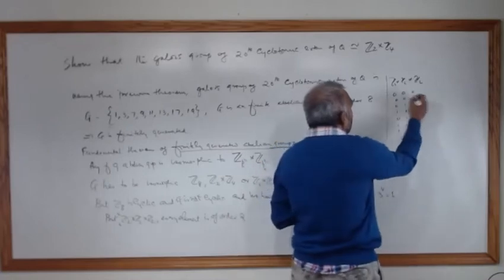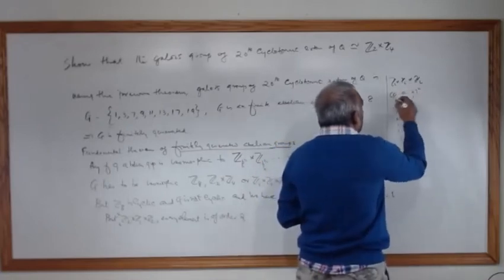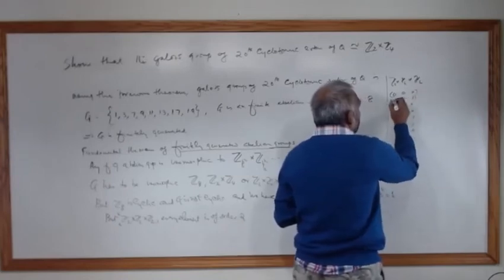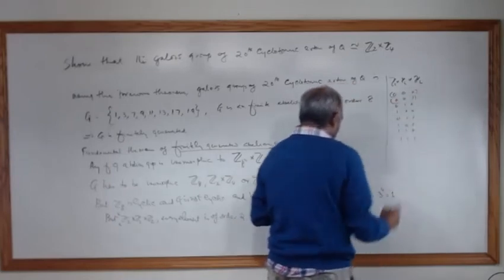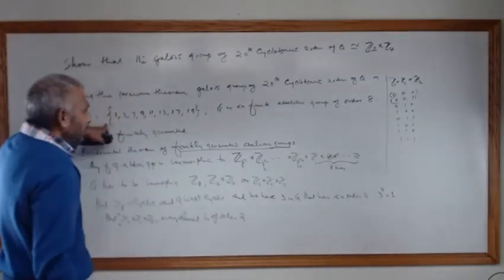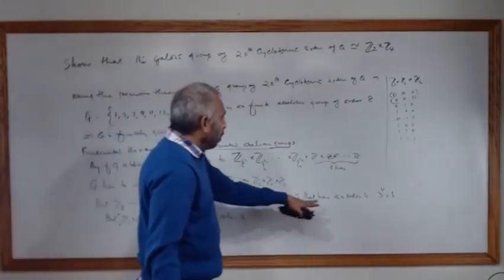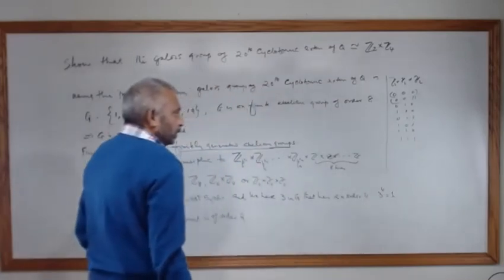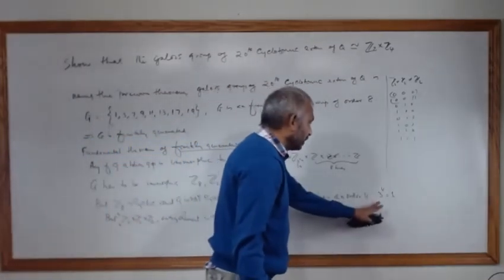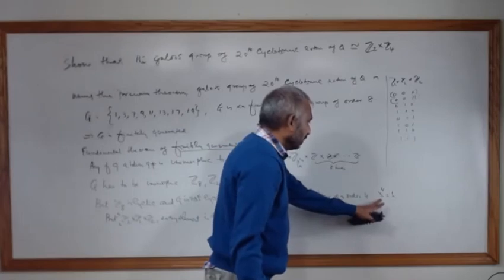If you take any element, its square is identity, so the order of any element is 2. But we have an element in here that has an order of 4. 3 square is not equal to 1; 3 square is 9.